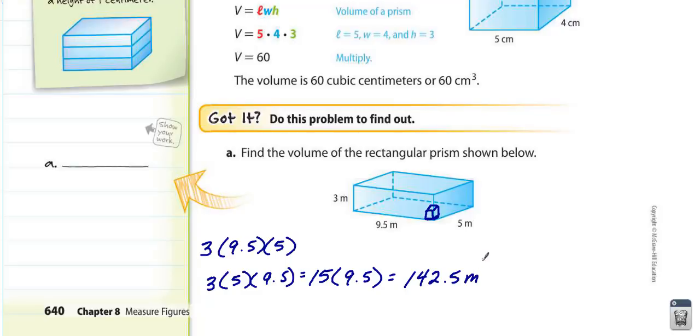Some of you probably caught that. I should have written it as meters cubed. So when I find my first part, when I got this 15, that would have been squared. But by the time I got to the whole thing, that would have been cubic units. All right, so I wanted to clear that up so we didn't have any confusion.